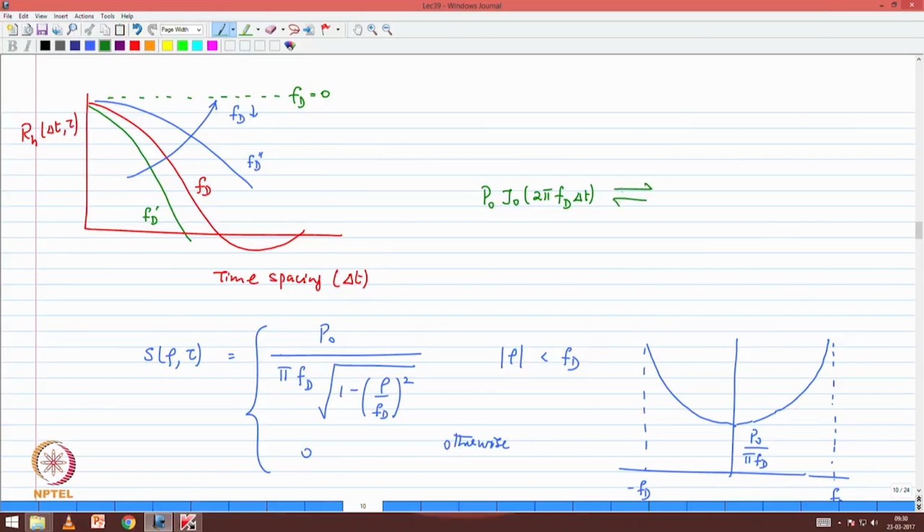The Fourier transform comes out to be P0 divided by pi times Fd times the square root of 1 minus rho by Fd whole squared, for mod rho less than Fd.